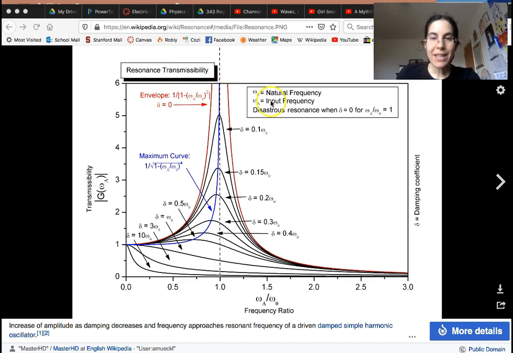But if the input frequency matches the natural frequency, if this minus this is truly 0 to an infinite number of sig figs, you're going to be dividing by 0. Look at that amplitude. That amplitude has the potential to be infinite, or at least as infinite as your 8th or 12th sig fig or whatever it is you have on the calculator will allow.